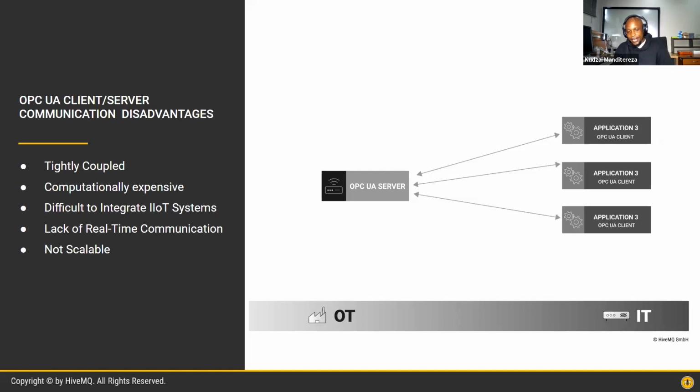And lastly, and perhaps more importantly, as the number of connected components increases rapidly in industrial IoT scenarios, the OPC UA client-server communication model cannot scale to meet such connectivity demands. That is, its need for a direct connection between sender and receiver becomes impractical when an OPC UA server has to share the same data with, say, thousands or even millions of other systems, as is expected of a fully fledged Industry 4.0 system.